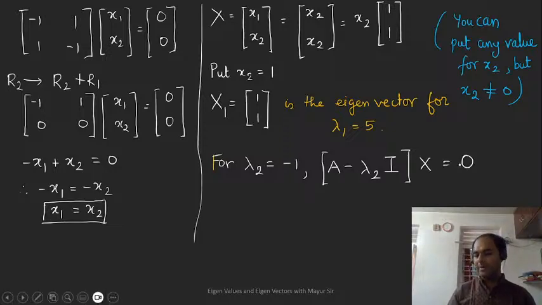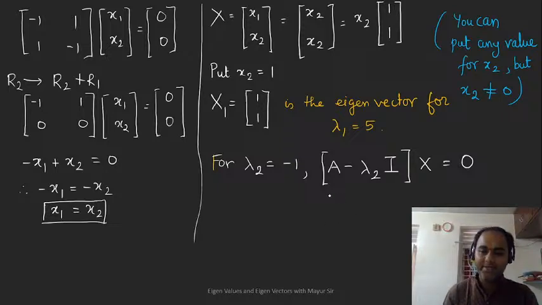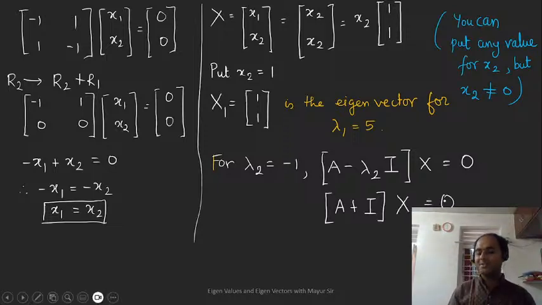This is the formula. Now what you see is, in the diagonal element, you substitute lambda 2. The moment you put lambda 2 as minus 1, it gives you A plus I, times x equals 0. What does this mean?